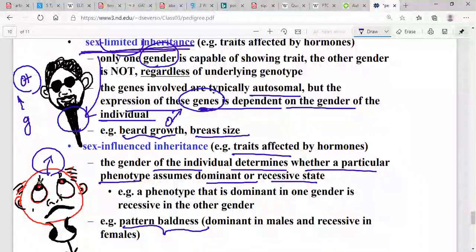So it is influenced by the particular gender. The gender of the individual determines whether a particular phenotype assumes the dominant or recessive state. So a phenotype that is dominant in one gender is recessive in the other gender. So you can hardly see a woman that has pattern baldness.